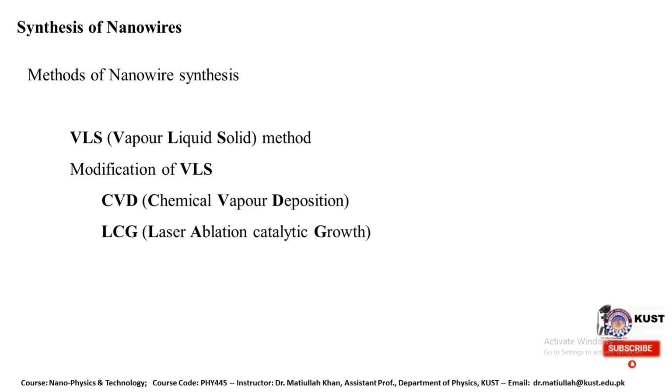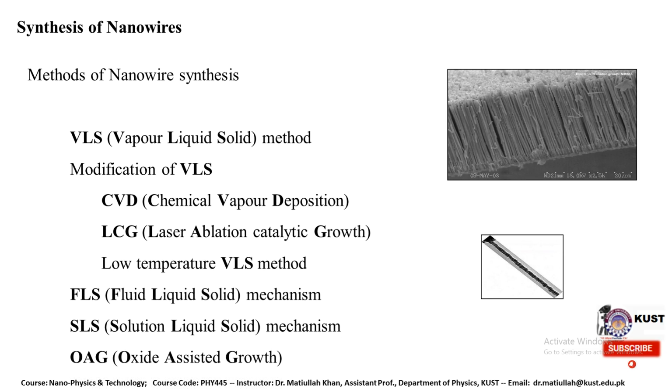So the general methods used to create the nanowires include the VLS. Some of the methods are discussed here. One is the vapor liquid solid method, and some of the modifications of the VLS method are the chemical vapor deposition method, the laser ablation catalytic growth method, and at the end we have some low temperature VLS methods.